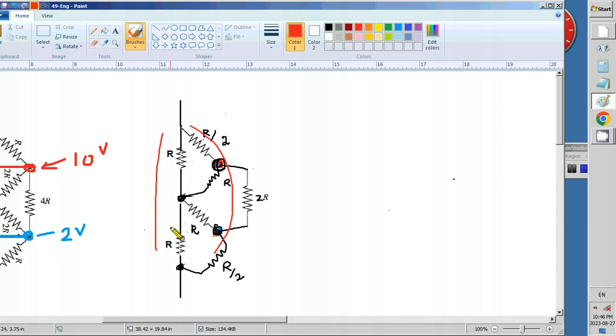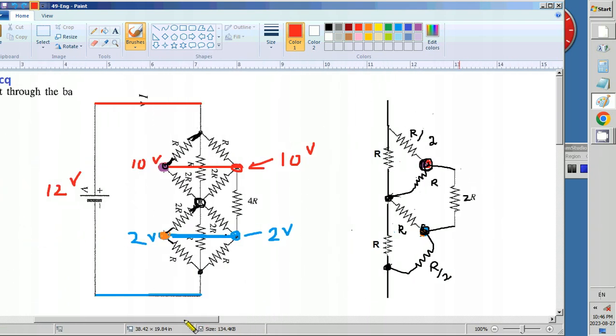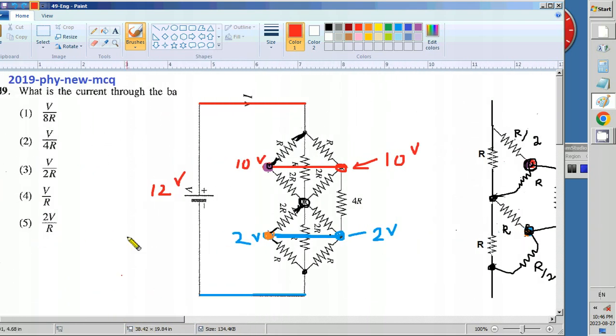In these two lines we have to find two equal potential points. The battery voltage, check it, they have given as V, not 12 volt, I assumed it as 12 volt. Battery voltage is V.